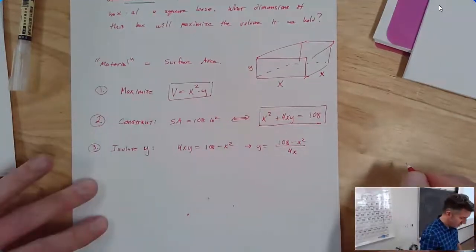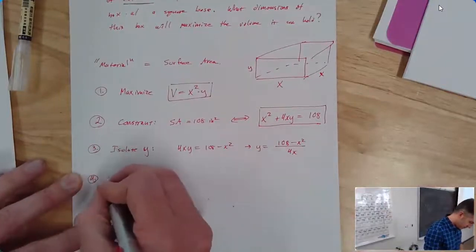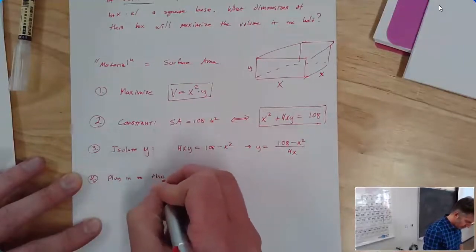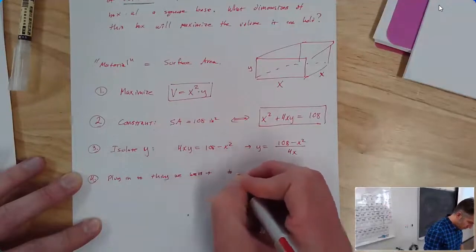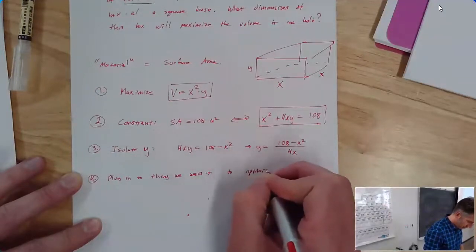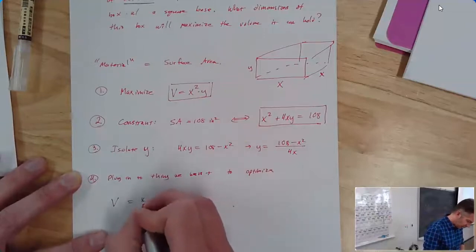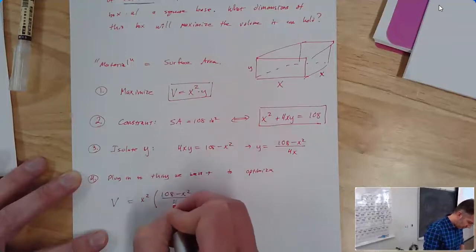We're going to plug that into the thing we want to optimize. So plugging that in, now my volume equation is going to equal x squared times (108 minus x squared) over 4x.